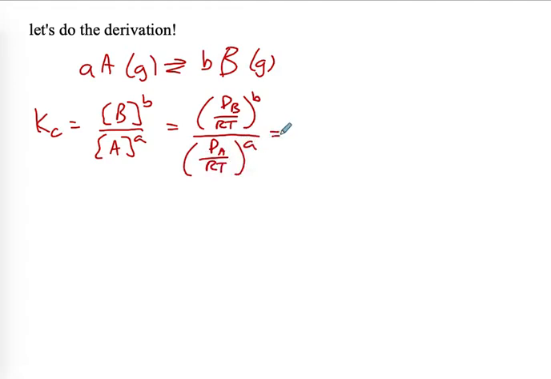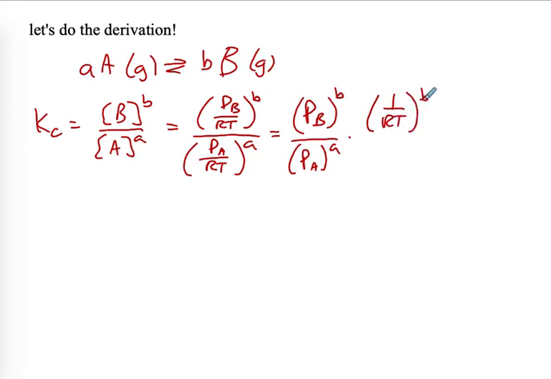I'll factor out the RT terms, and I get the partial pressure of B to the b power over the partial pressure of A to the a power times 1 over RT to the b divided by 1 over RT to the a. Well, we can see that the partial pressure of B to the b power divided by the partial pressure of A to the a power is simply Kp.